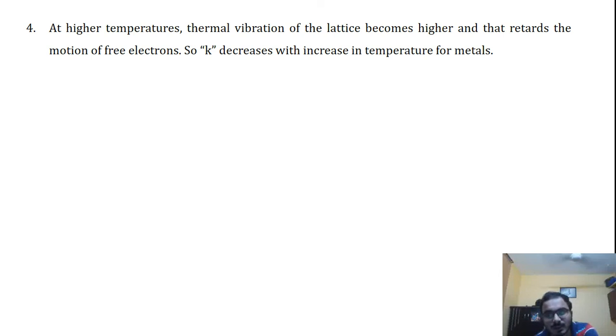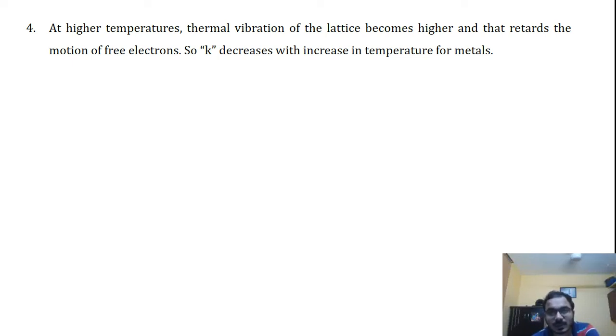As you remember, in metals, free electrons are responsible for the value of thermal conductivity. So whenever a metal's temperature is increased, the lattice vibrations will increase, and this will reduce the motion of free electrons. So free electrons are responsible for the value of K.